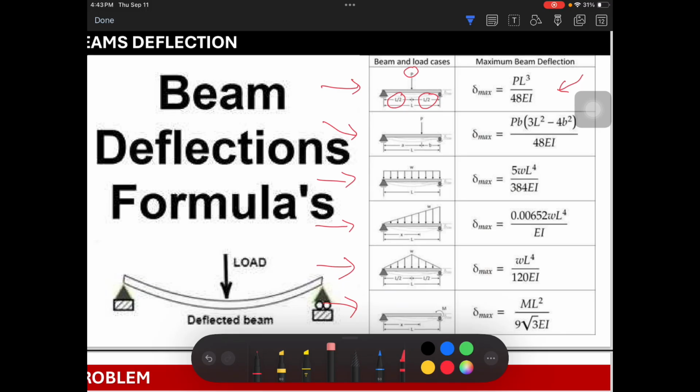If your load does not fall or is not applied at the middle, you need this one. So this equation number 2 applies for a vertical load on the beam applied anywhere along the length of the beam. So this is what you will follow.